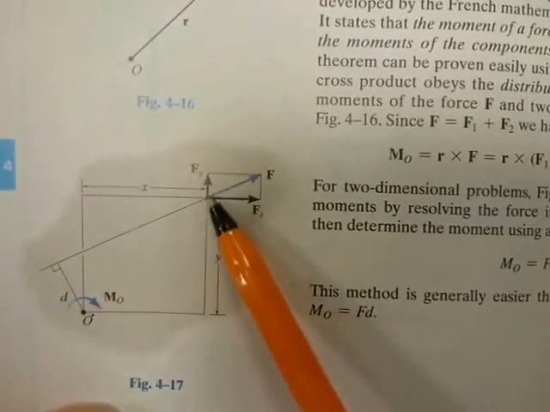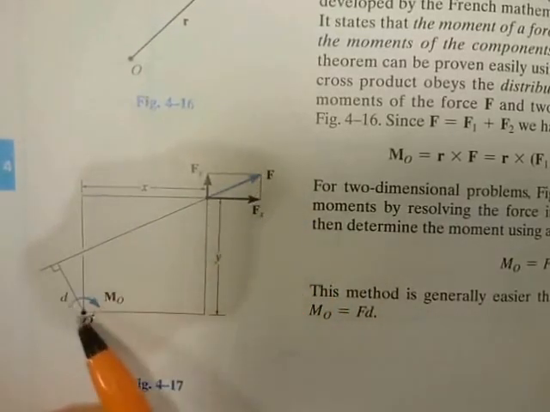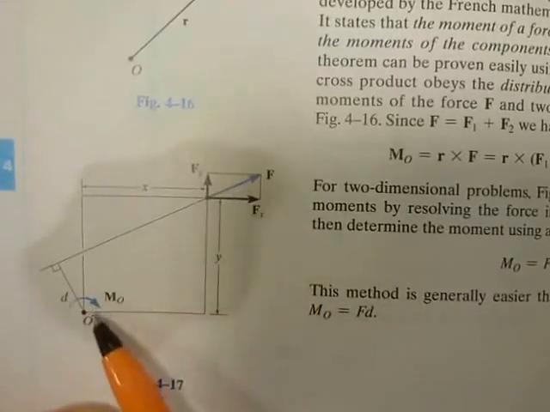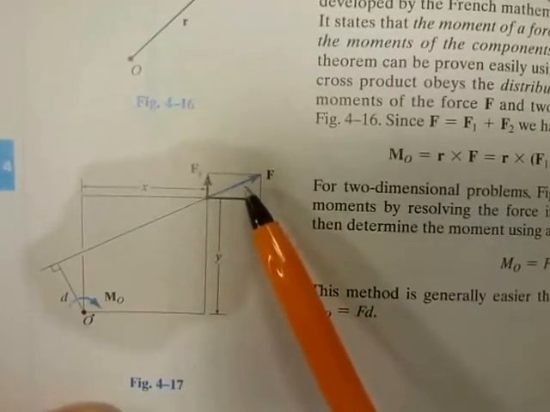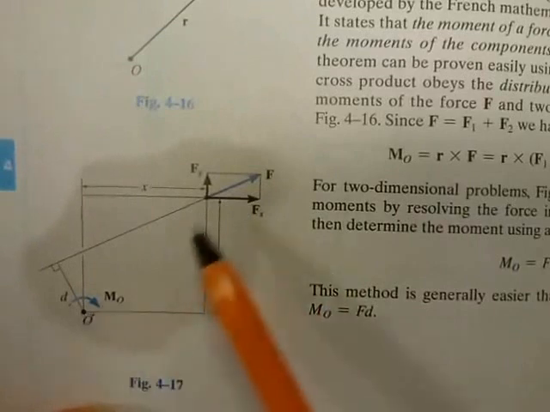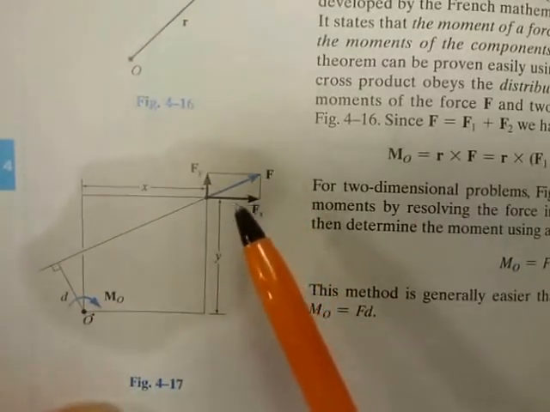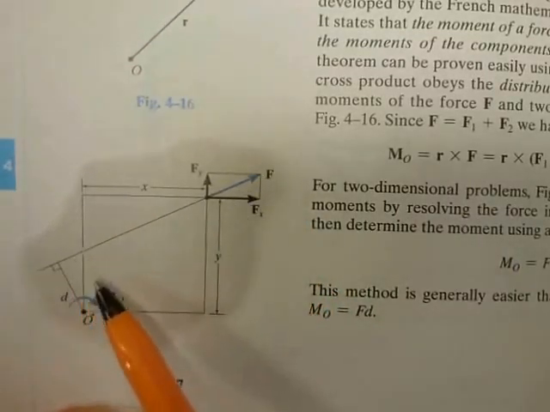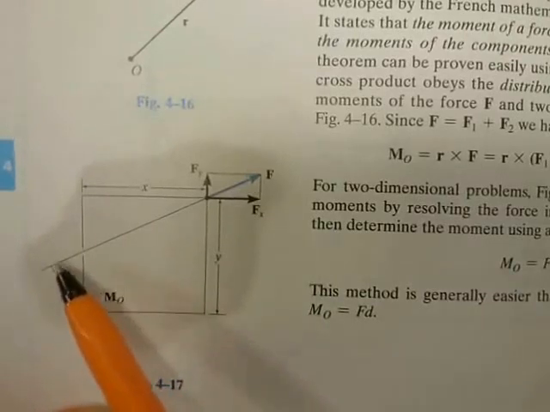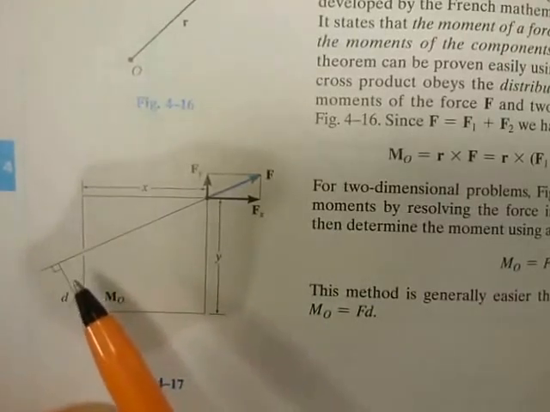So originally you would have had one force, and you would calculate the moment due to that single force. But there may be many instances where it's quite difficult, if not impossible, to find this perpendicular distance.